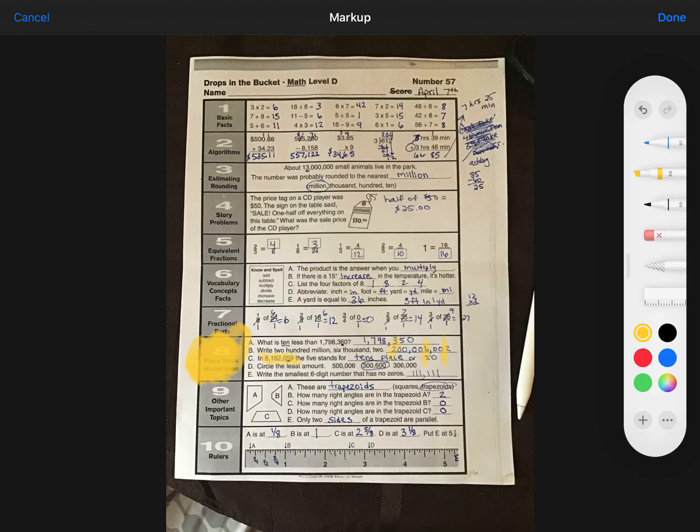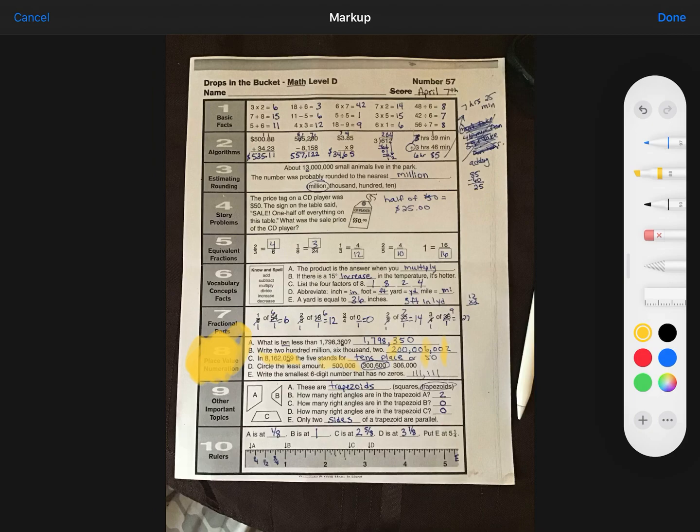Circle the least amount. So I'm looking at the place values, and I see that 300,600 is less than 306,000. Sorry, and way less than 500,006.